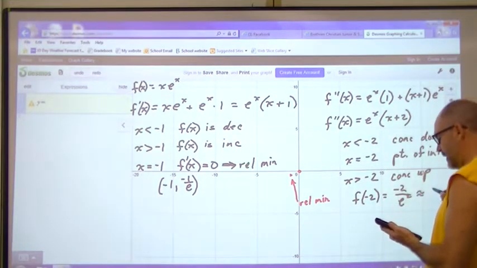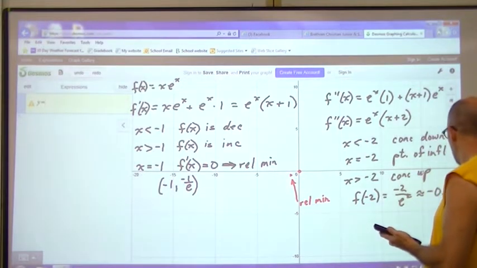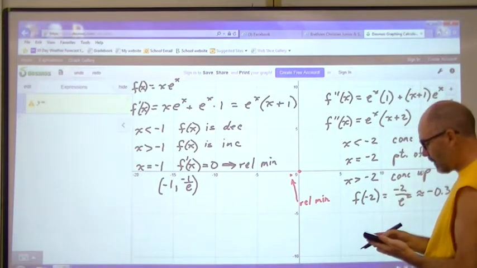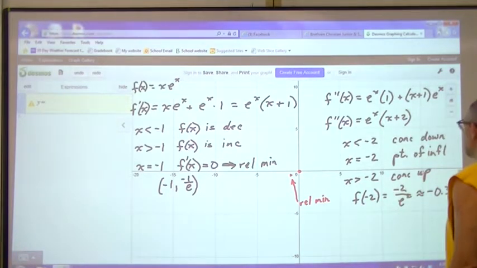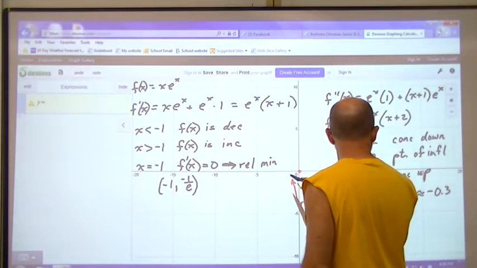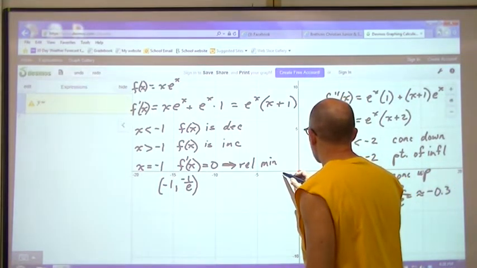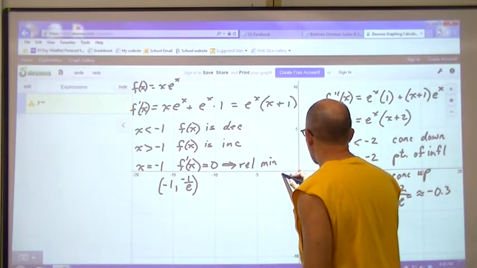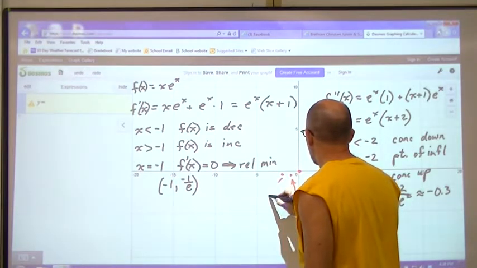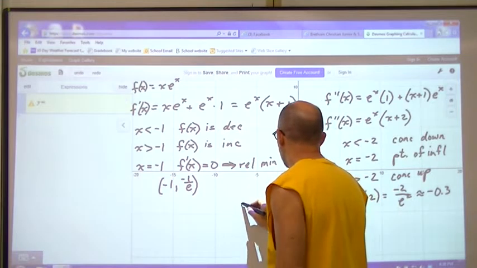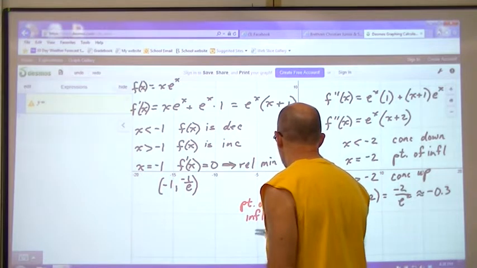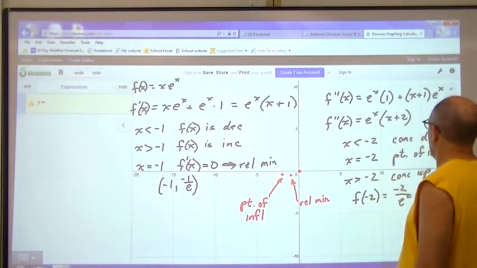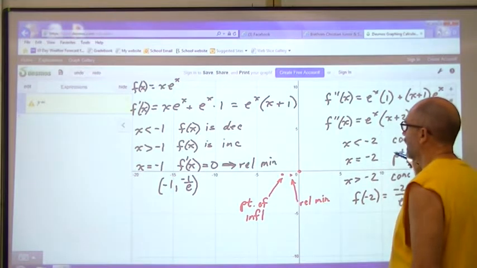So that's approximately negative 0.3. Okay, so that's our point of inflection. So negative 2 and negative 0.3. Point of inflection. And like we said, it's concave down to the left and concave up to the right.